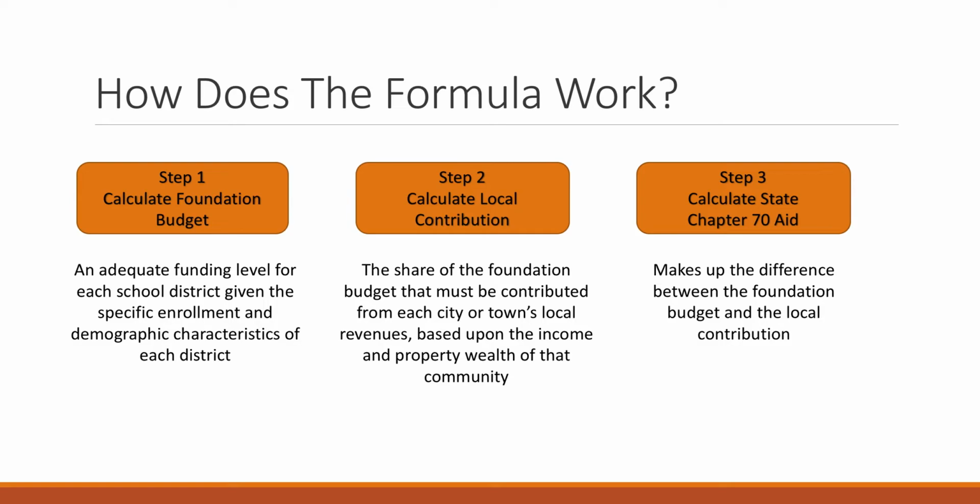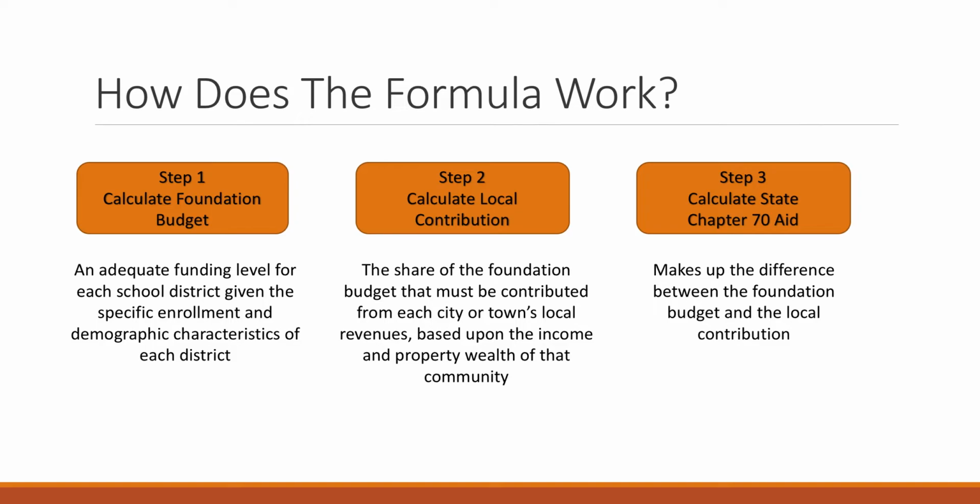And that's a very complex calculation, a big spreadsheet with lines and columns for each of the different components of cost, reflecting special needs, English language learning costs, and the needs of economically disadvantaged students. So that's a number as to how much the state thinks it should cost each community to educate their students.